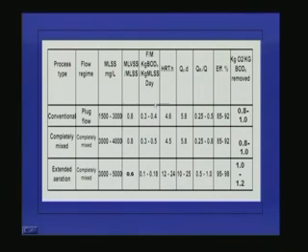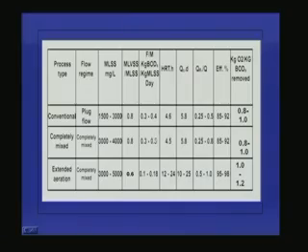The F to M ratio, that is food to microorganism ratio or the specific substrate utilization rate, varies from 0.3 to 0.4. The hydraulic retention time in the aeration tank varies from 4 to 6 hours and the biological sludge retention time theta c varies from 5 to 8 days.